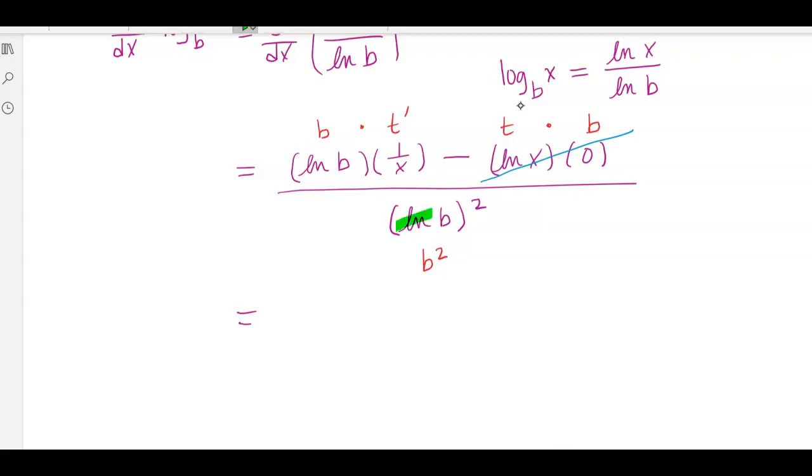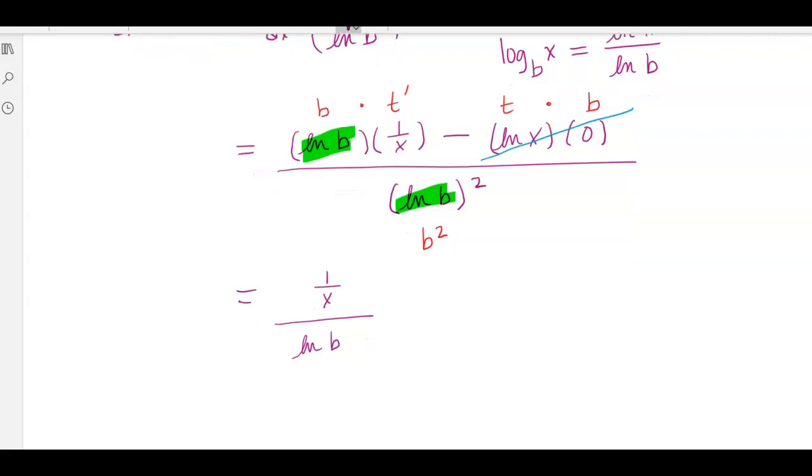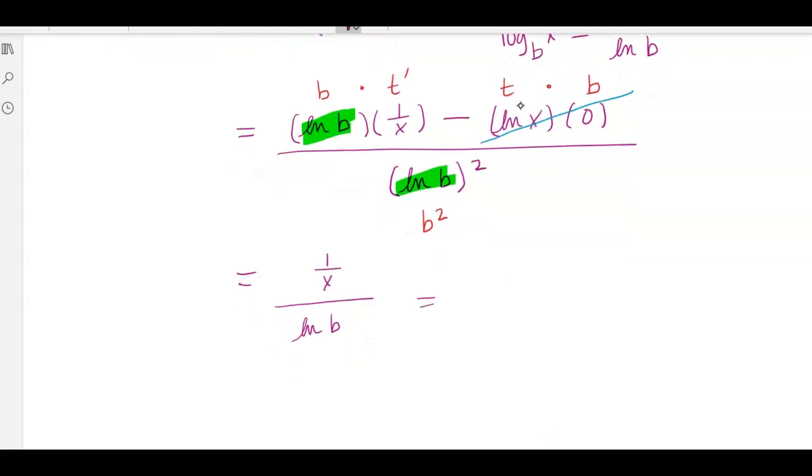And then I have 1 natural log b that's going to cancel with that, but I'll still have 1 left in the bottom. So I think I'm going to have 1 over x, and then that whole thing's divided by natural log of b. And then just rewriting this with the x in the denominator, I get 1 over x times the natural log of b. And that's the formula.